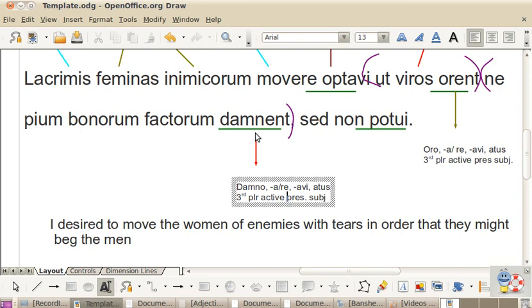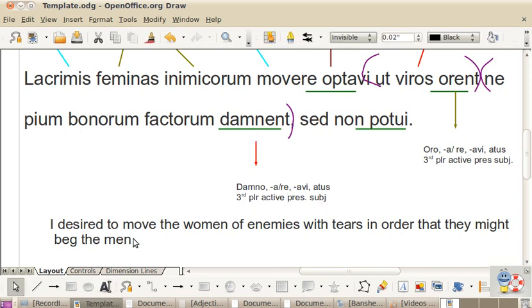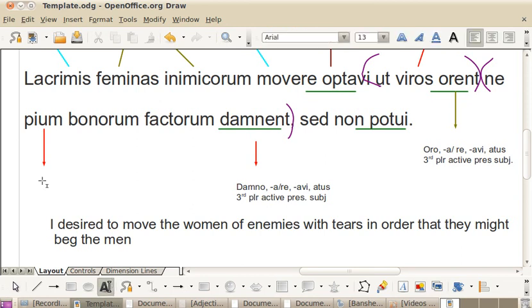Third person plural, active, present subjunctive. Now, the question is, is there a new nominative plural? Is there a new subject of this? Well, we have to look in the sentence. Let's go to pium. Let's see if we have a new nominative. So we look up pium in our glossary, and we see pius, pia, pium.